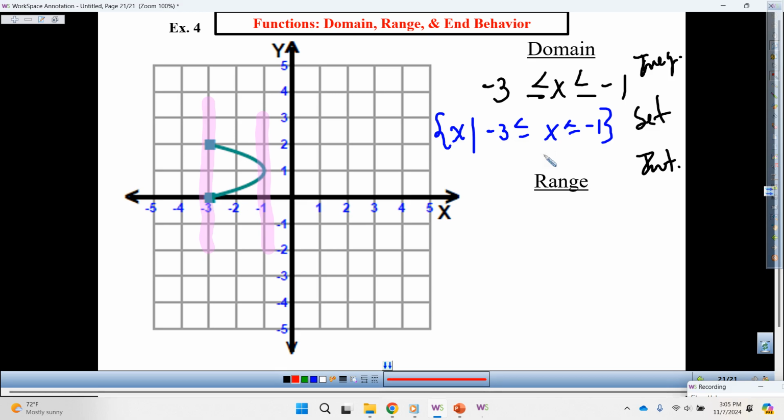Bracket. Yes, that is correct. Nice. All right, go to the range. Pass someone.